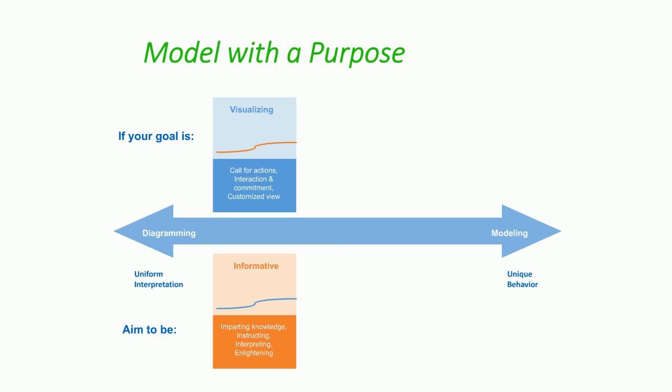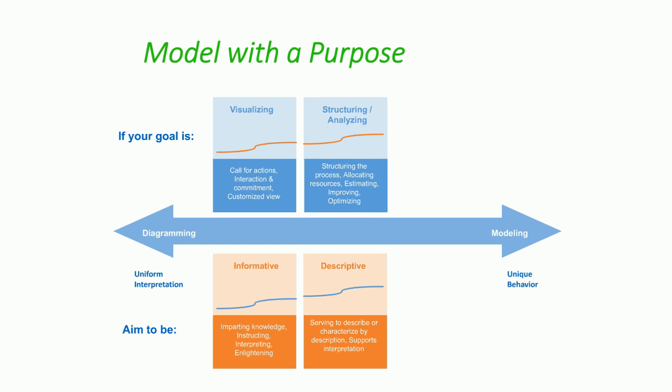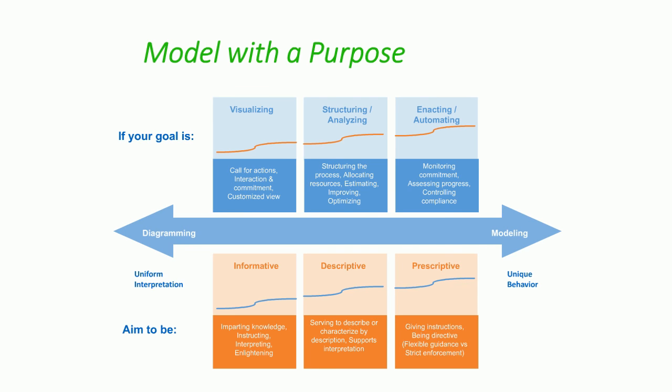If you're modeling with the goal of structuring and analyzing, then you may be more interested in being more descriptive with your model to make sure that you have enough elements to support this deeper analysis. And finally, if you're modeling with the goal of enacting or automating and controlling or structuring the way things get done, then you may want to be more prescriptive.